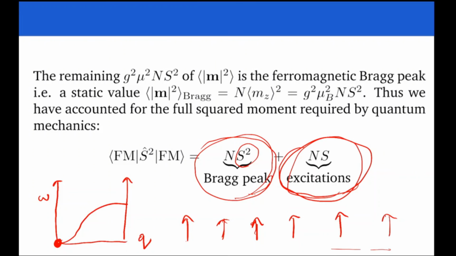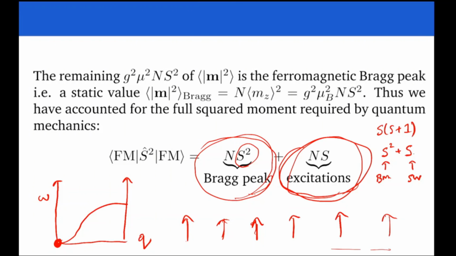So the moment, the S times S plus 1 that we have on each site, the moment squared, we can write that as S squared plus S, basically. This bit here goes into the spin wave, and this goes into the Bragg peak, the average moment.